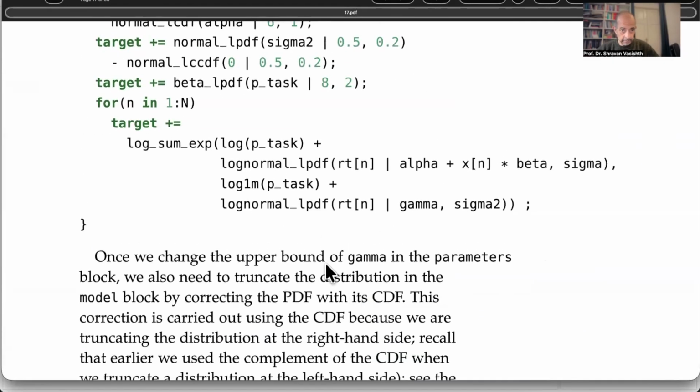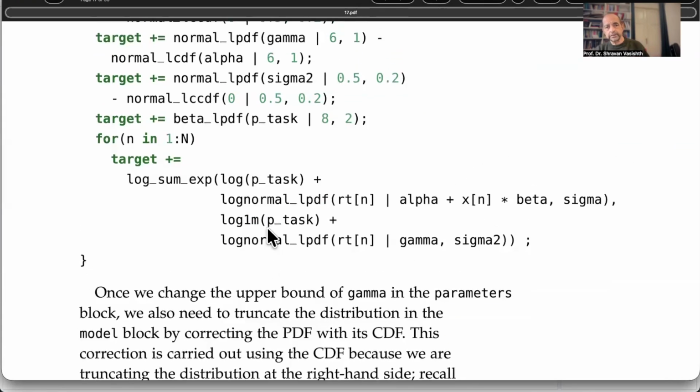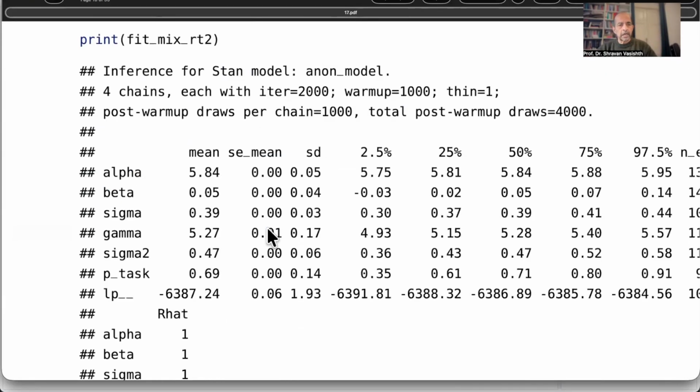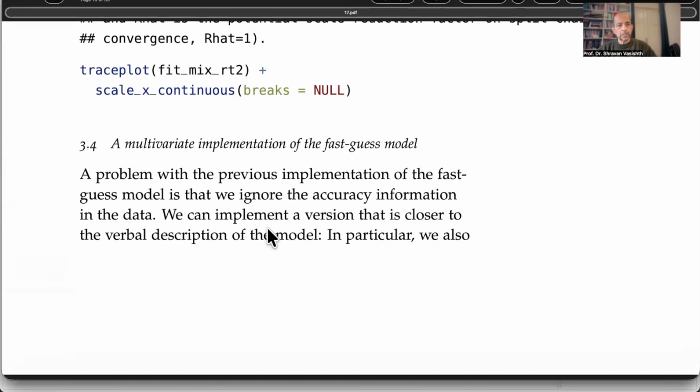These are two important functions that were introduced here, and now you understand how a finite mixture process with two components can be modeled. In the next part of this lecture, I'm going to talk about multivariate implementation of the fast guess model.